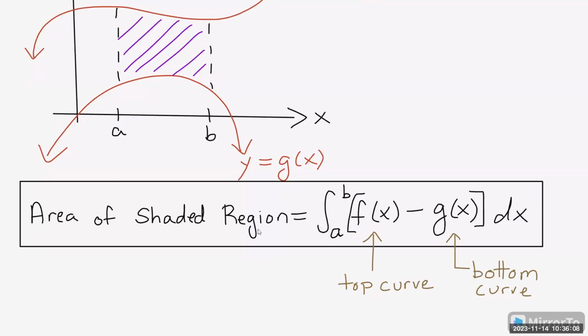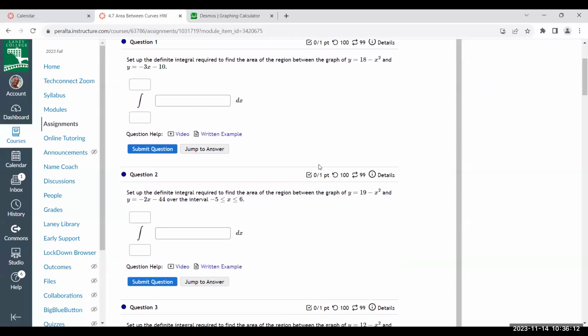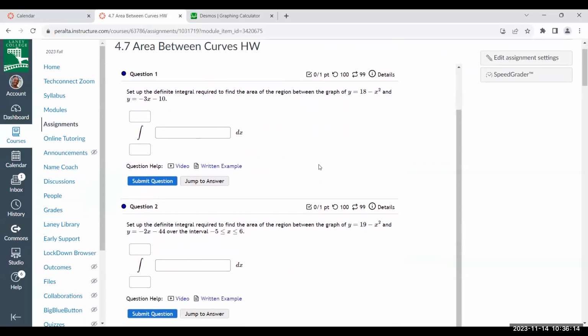So let's jump into homework. Let's look at the first problem. It says set up the definite integral required to find the area of the region between the graph of y equals 18 minus x squared and y equals negative 3x minus 10.